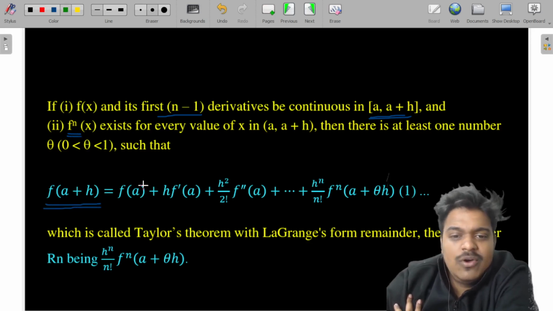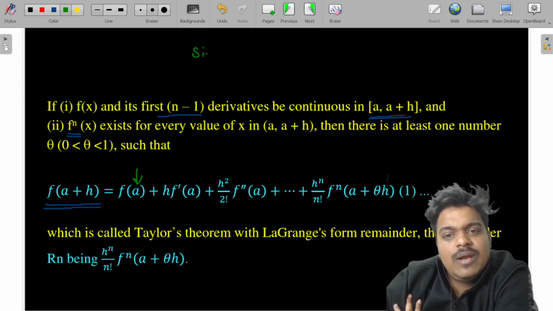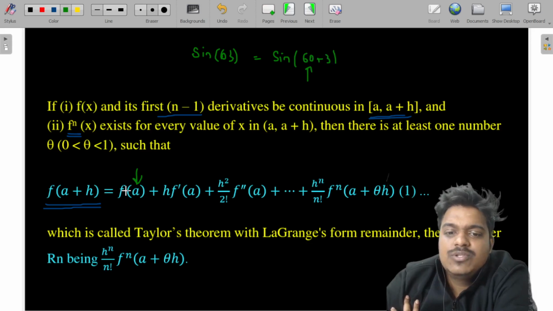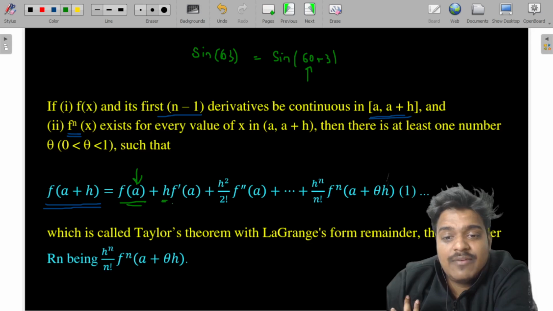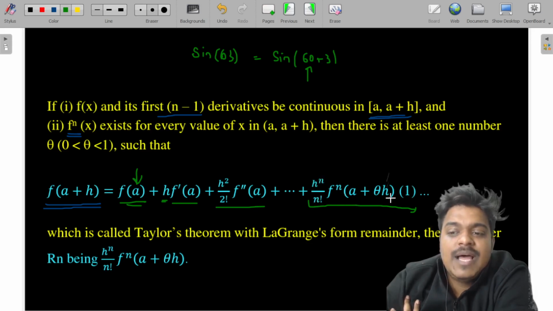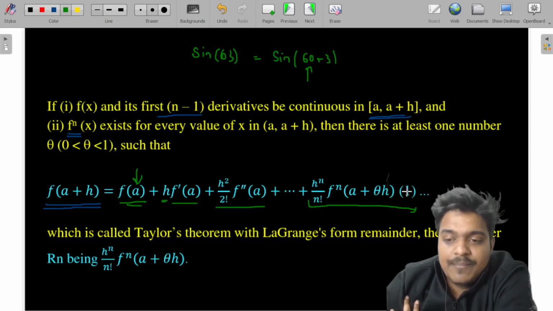If you need to calculate sine 63, this can be written as sine 60 plus 3. So you have the value of sine 60. You calculate the value of f of a, that is sine 60, plus h, that is the difference, into f dash of a, then h square by 2 factorial f double dash a, and the last term will be h to the power n divided by n factorial, the nth derivative of f at a plus theta h.